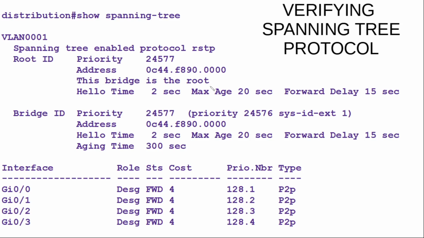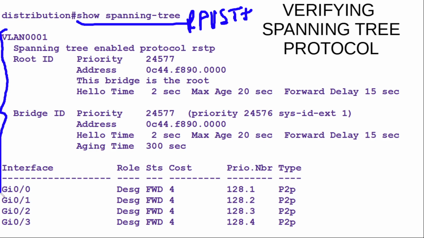Now, in order to validate your configuration, you can use show spanning-tree. In the case of Rapid Per-VLAN Spanning Tree Plus, this output will be shown for every single VLAN that you have. Remember that every single VLAN has a different topology.